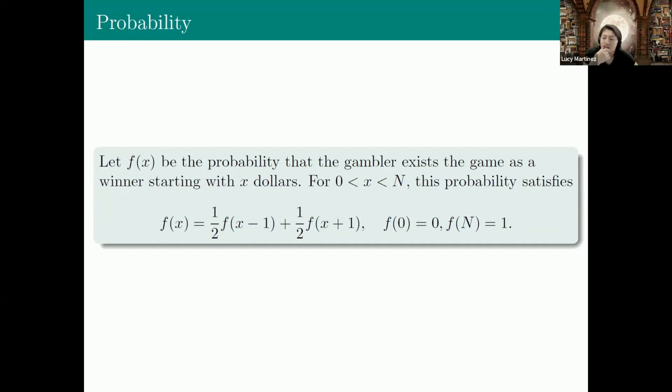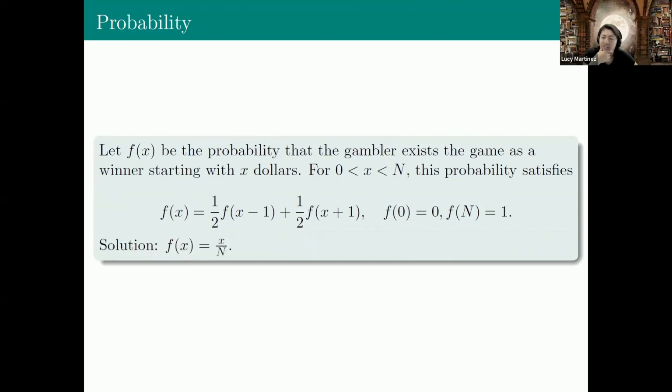In this case, the only change is we don't add the +1, and f of n here would be 1, because this is the probability that the gambler exits the game as a winner, so if the gambler is currently at $n, it has reached the goal of earning $n, and so the probability of winning the game is 1. Versus if it starts with $0, then it didn't reach the goal, so the probability of winning is 0.